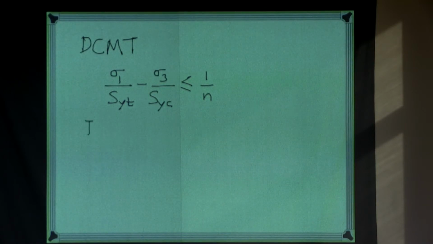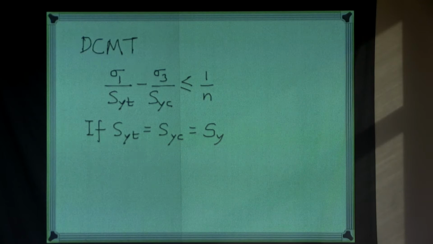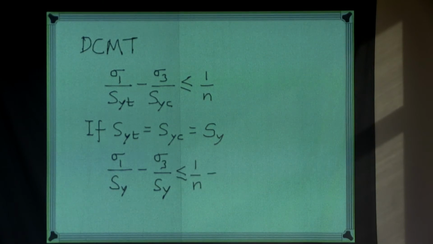If the two yield strengths are the same, if S_YT is equal to S_YC, which happens in most steel type of materials, and they're both equal to something we call S_Y, then I can replace both of these by just S_Y and rewrite this as sigma 1 minus sigma 3, exactly this.